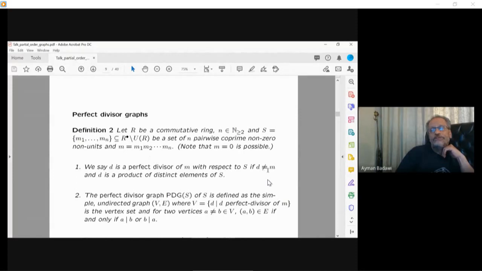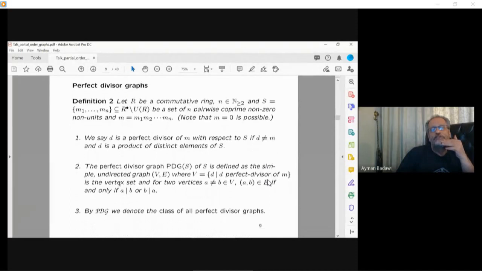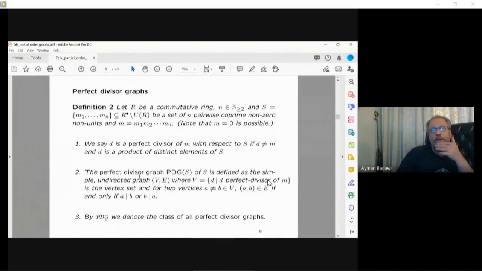Okay, it means that D is not M, and D is a product of distinct elements in here. So how we form the perfect divisor graph: the vertex set of the perfect divisor graph will be the set of all perfect divisors of M. And again, what I mean by perfect divisor of M is very crucial.